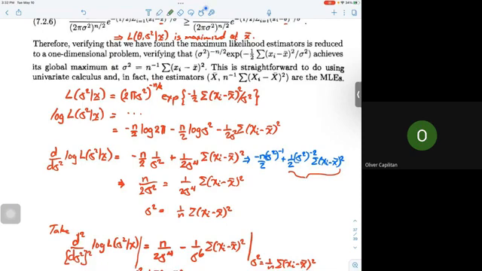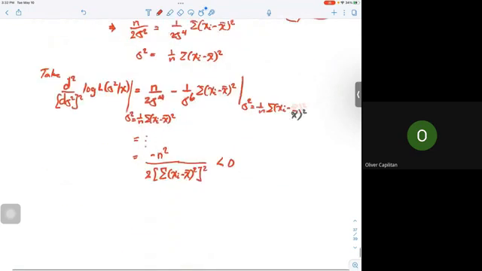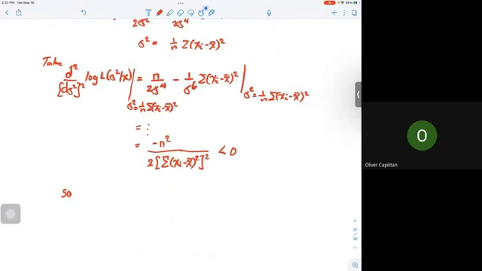By the second derivative test, this is straightforward to do using univariate calculus. And in fact, the estimators x bar are the MLEs. So by the second derivative test, yung sigma square, which is equal to 1 over n, the summation of x i minus x bar quantity squared, is a maximum.